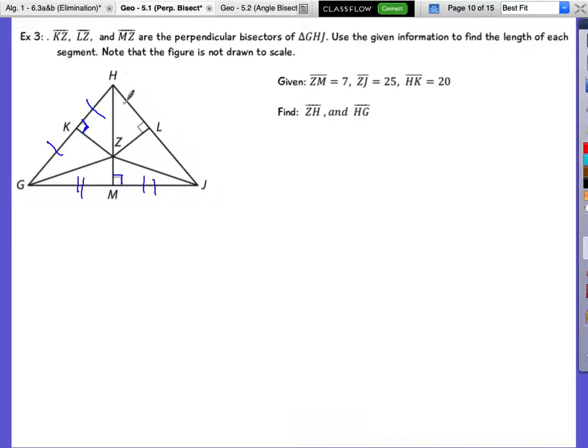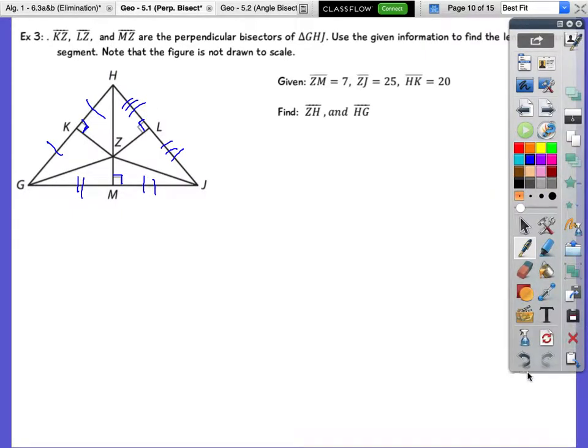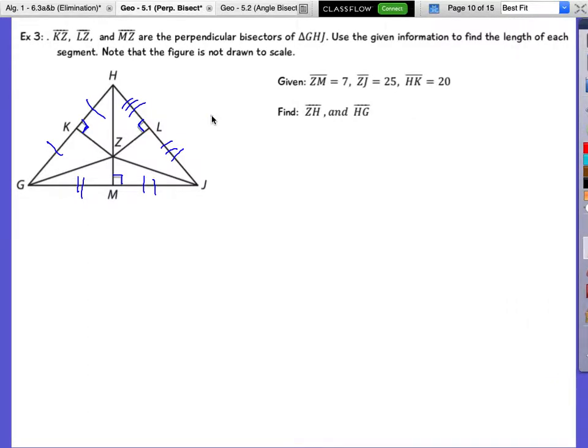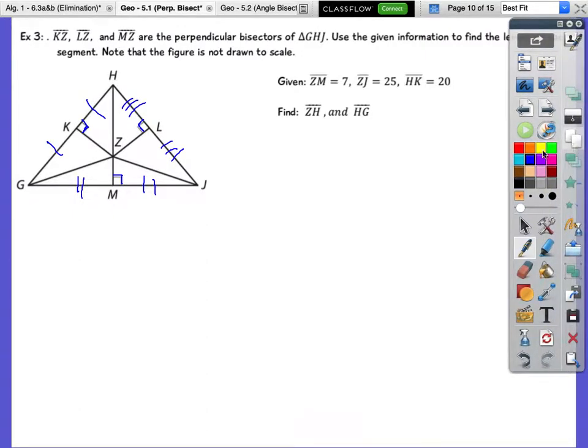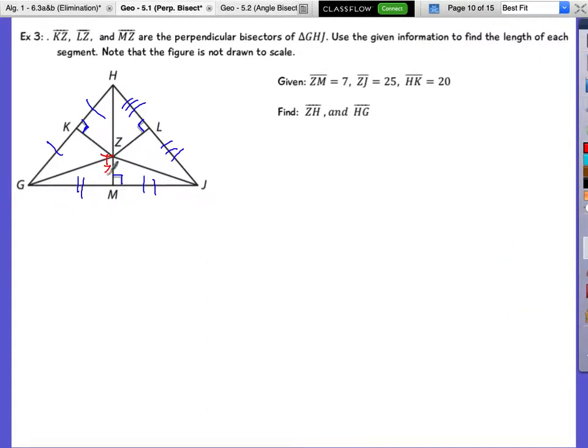And side HJ is bisected by segment ZL. Just like we constructed the perpendicular bisectors, they are now given to us. So we can use this given information to find the length of each segment. We're told that ZM is 7, and we're told that ZJ is 25.